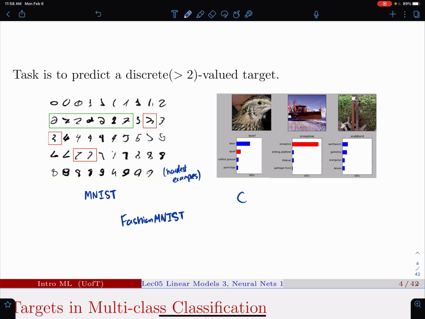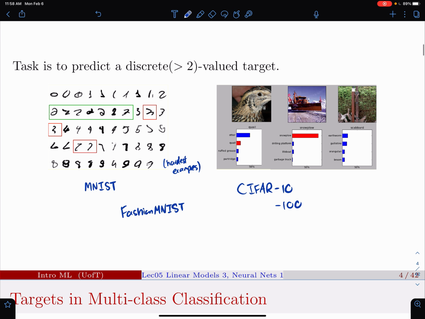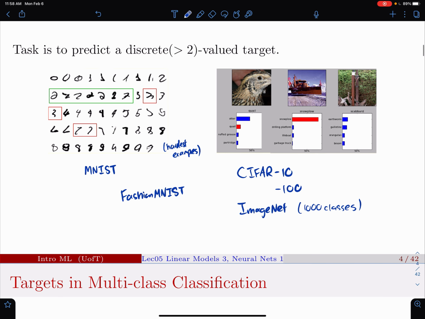And then from Canada, actually, we developed two data sets that are frequently used for benchmarking various algorithms. So there's CIFAR-10 and CIFAR-100, which are data sets of natural images, and the goal is to classify what images they are. And then ImageNet is the big 1000 class data set where a lot of progress has been made in recent years. So those are just some examples. I think image classification is probably a running example you can keep in the back of your mind.